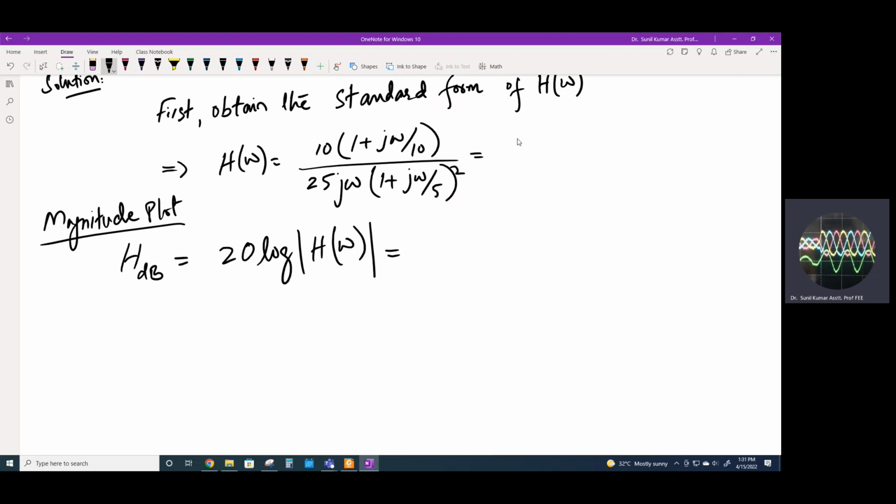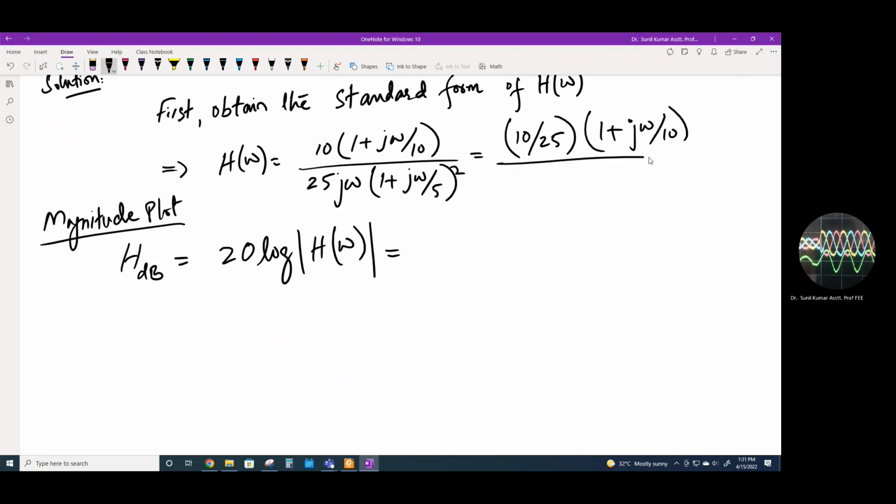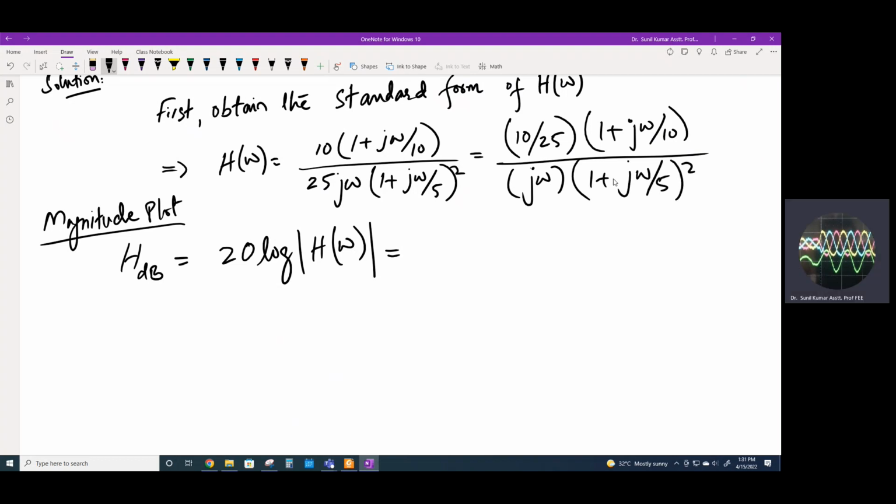Now this 10 over 25 is the K value we had seen previously. So these are the 4 factors of the H of omega in standard form to plot the Bode plot.